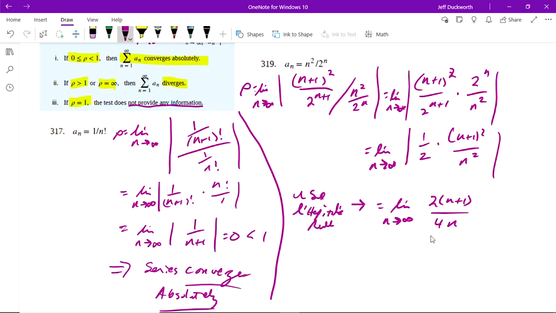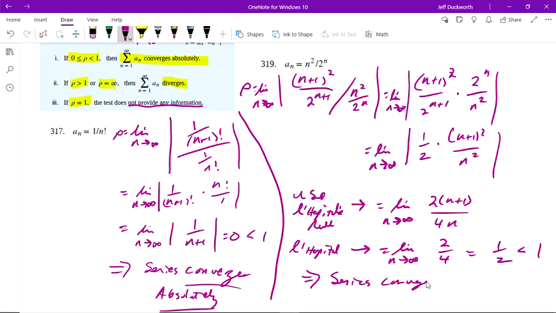Okay. We can now use L'Hopital again. So that equals the limit as n approaches infinity, and this one is just 2 over 2, which equals 1. So the limit of that part is 1, and with the 1/2 in front, the limit is 1/2. Now, please note that 1/2 is strictly less than 1, which implies the series converges absolutely.